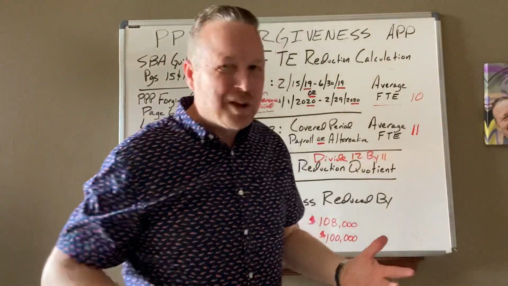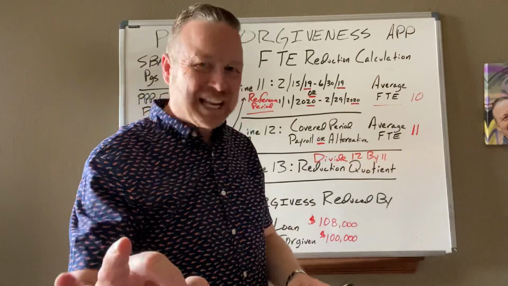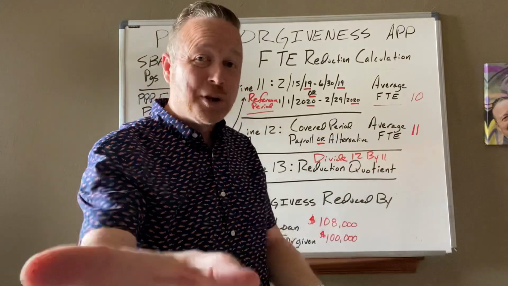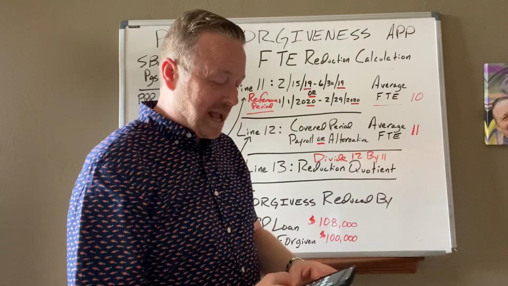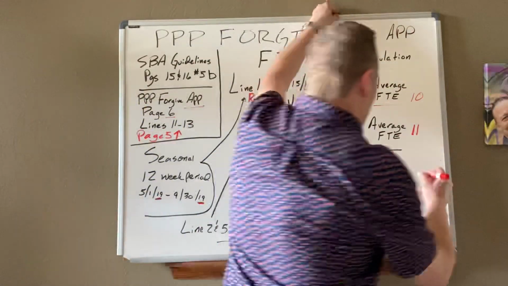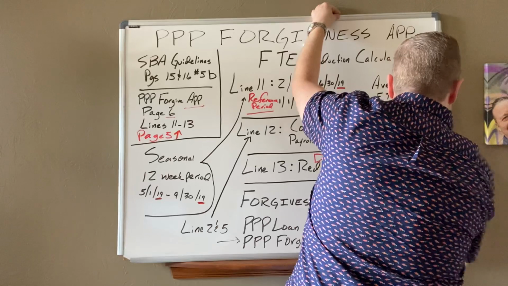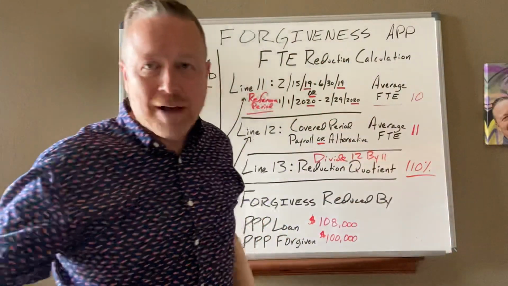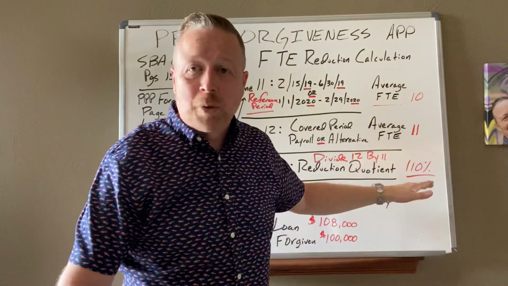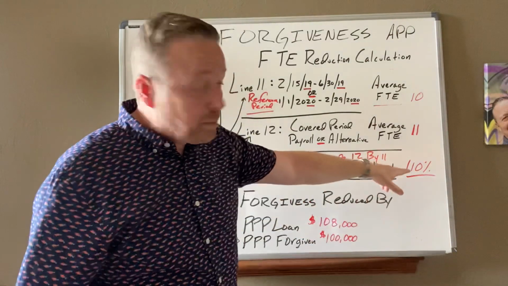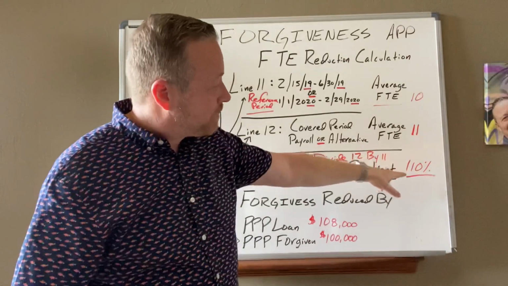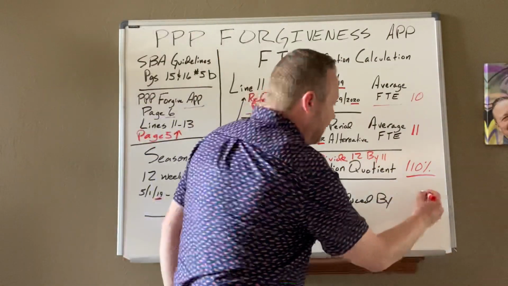And you don't have to be good at math to be a CPA. I'm excellent at math, but when I'm doing a video that's going to be out there for everybody to see, I'd rather make sure. So 11 divided by 10 is 110%. I'm having fun with you, but I am dead serious why I did the calculator. I knew it was 110%. Just want to make sure. See? So there's not going to be any reduction.